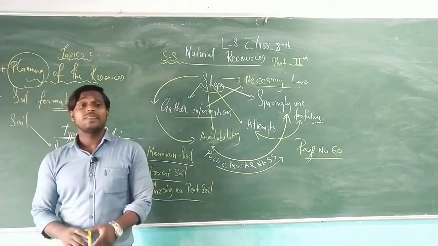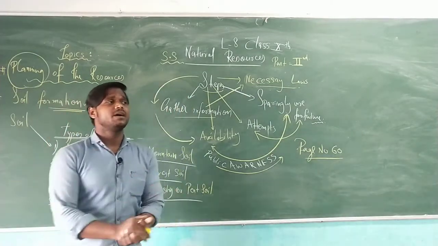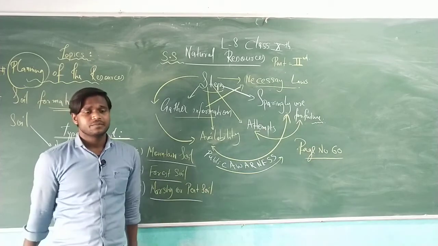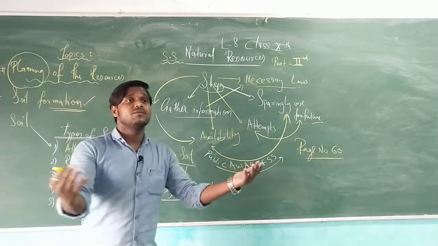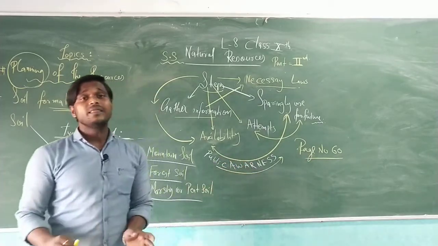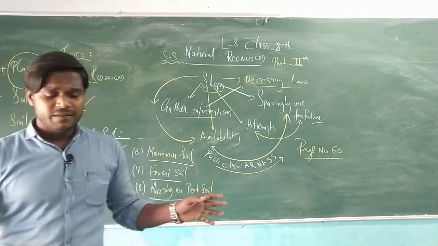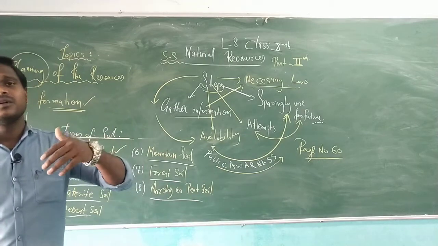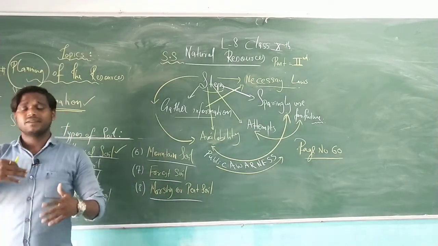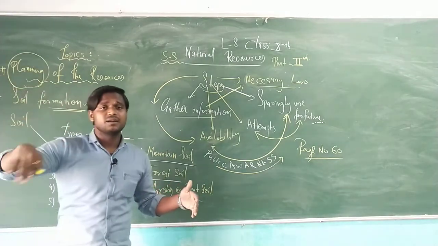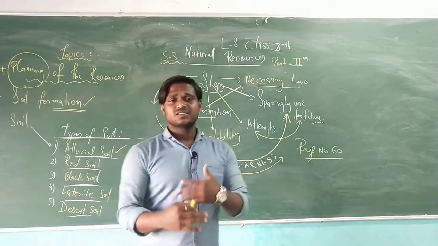Why? Because when there is heat, they give water by the melting of ice. When there is rain, obviously the water will come downside. When there is no heat and no rain, the water will try to flow by friction by itself and come downside. So that's a general theory about the Himalayan rivers.